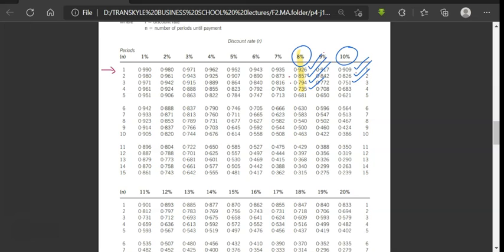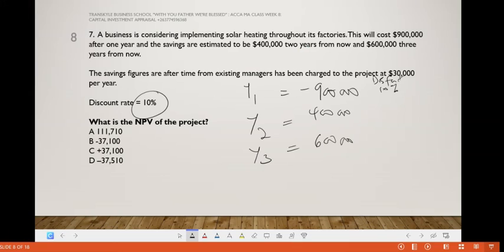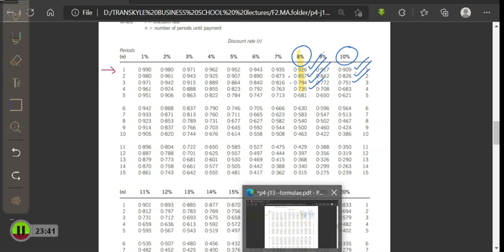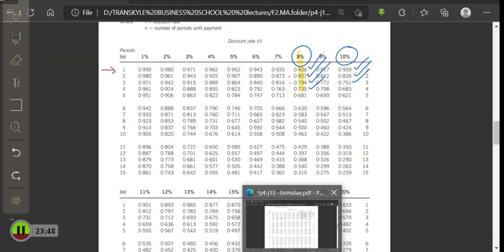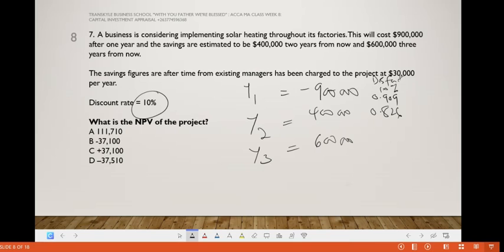So let us load those figures. Year 1, 0.909, year 2, 0.826, year 3, 0.751.